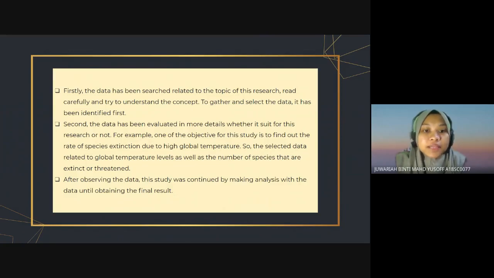Second, the data has been evaluated in more detail, whether it suits this research or not. And then after observing the data, this study was continued by making analysis with the data until obtaining the final result.